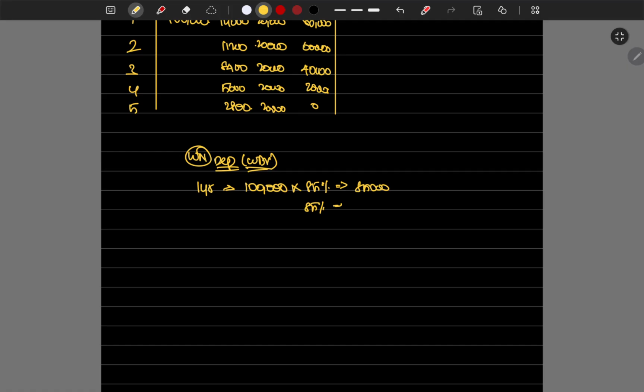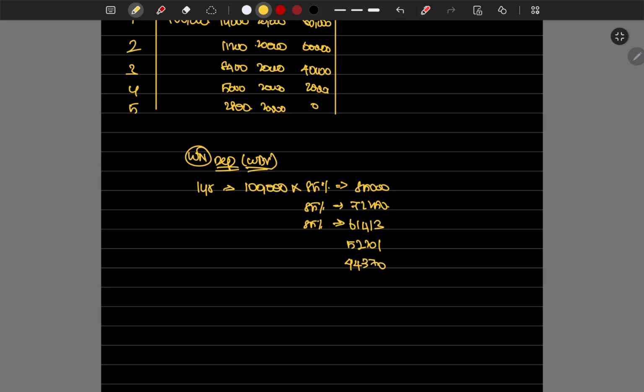Again 85% into 15%. 85,000 into 85% is 72,250. 72,250 into 85%, 61,413 into 85%, 52,201 into 85%, 44,370.